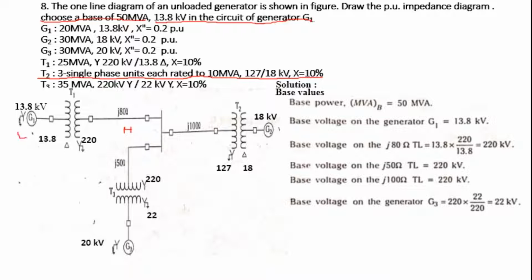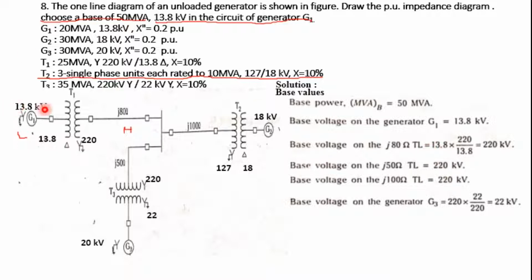We are talking about the generator and the transmission line, so similarly for the transformer it is LT and this is ST. ST is equal to LT rating of the generator into ST rating of the transformer divided by LT rating of the transformer. We know the formula, and once again I am not writing it here.